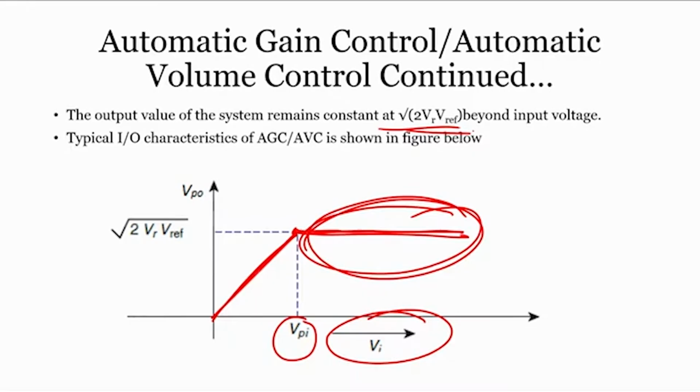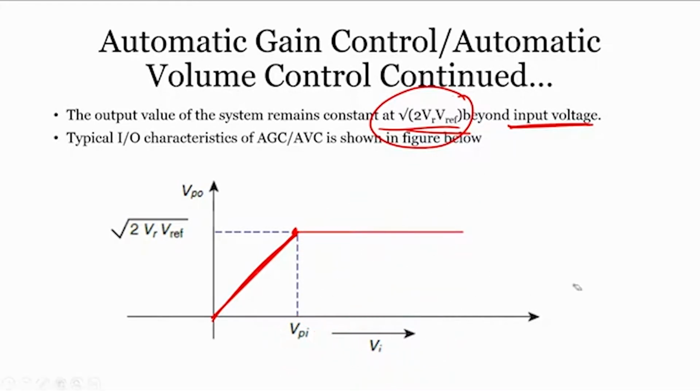We will see how we can get this formula. After a certain input voltage the output voltage will be constant, and the typical input-output characteristic is shown in the figure, Vi versus Vo, or Vpi versus Vpo.